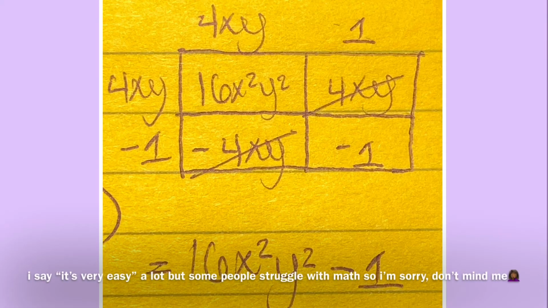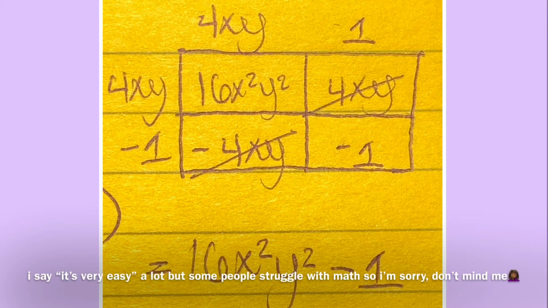So I just want to show you guys the way I multiply, because I just cannot imagine multiplying any other way. So I use the box method. So basically you put one binomial on top and the other on the side, and you can obviously do trinomials, polynomials. You just have to add more squares to fit all the numbers, and you just multiply across: the 4x by the 4xy, the 1 times the 4xy, the 4xy by the negative, the 1 by the 1.